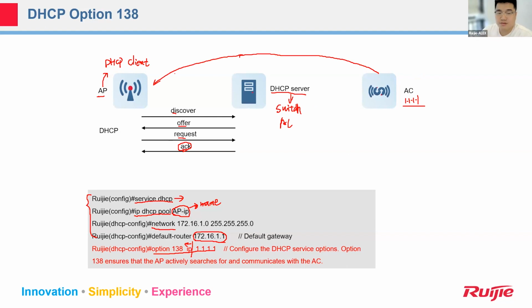Okay, so in this way, during the process of DHCP, the DHCP server will tell the AP that the AC's IP is 1.1.1.101. By this way, the AP knows the IP address of the AC, so it will send the discovery message to the AC, to discover the AC in the network, at the discovery stage.